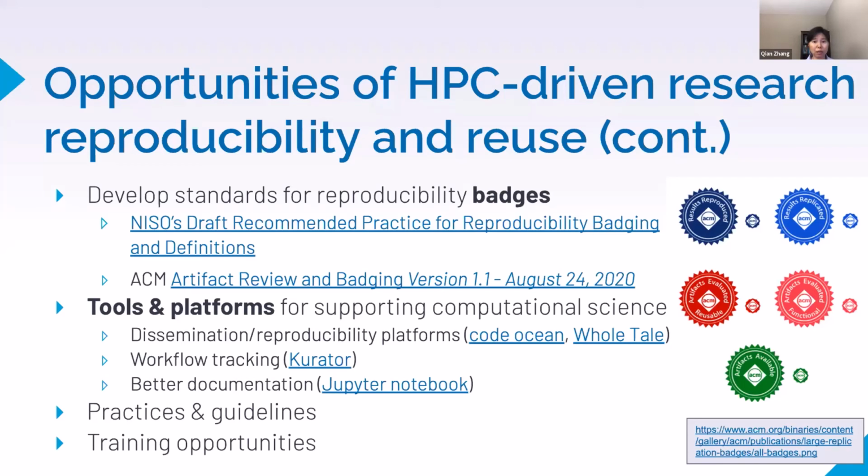NISO has drafted a recommended practice for reproducibility badging and definitions, and on August 20th this year, the Association for Computing Machinery released changes to its badging terminology, following and aligning with NISO's recommendations on reproducibility badging and definitions.